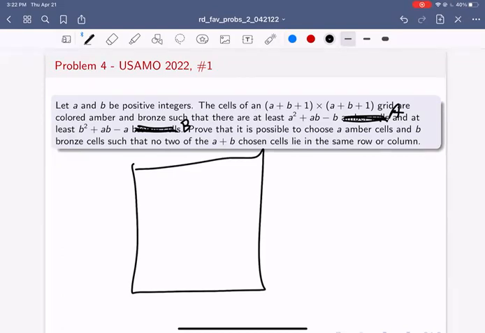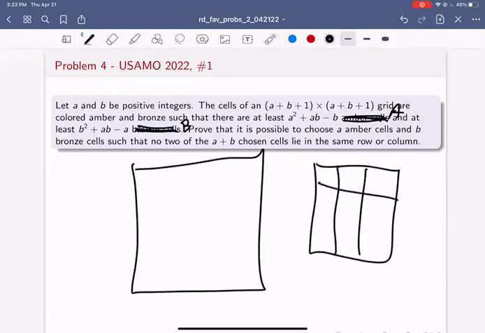And the problem statement is slightly similar to one where you're trying to choose a few squares that are not on the same row or column.